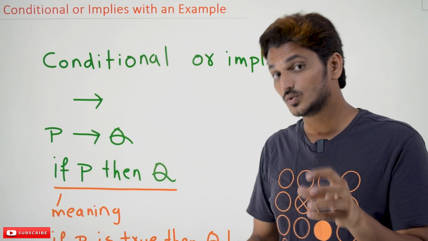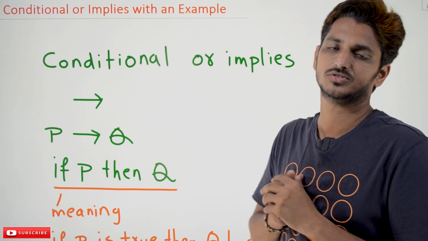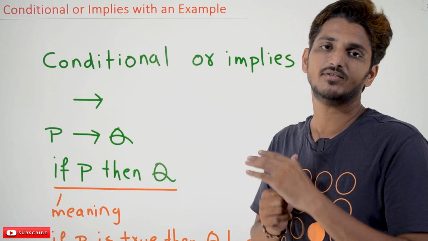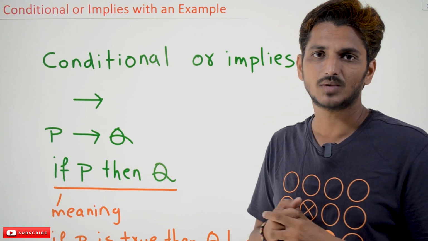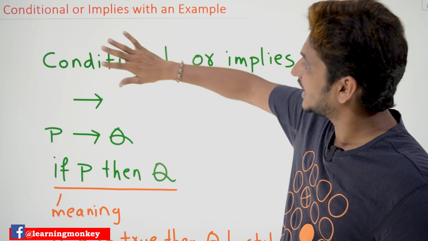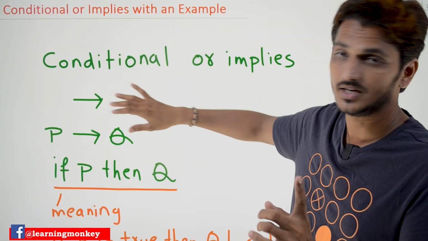In our last classes we discussed that each connective has some conditions. Disjunction has some conditions to construct the truth table, like that conjunction has some conditions. Similarly, this conditional connective also has a condition.